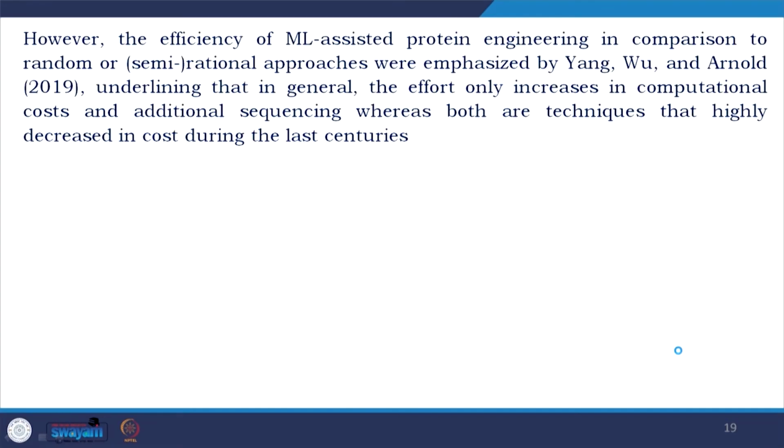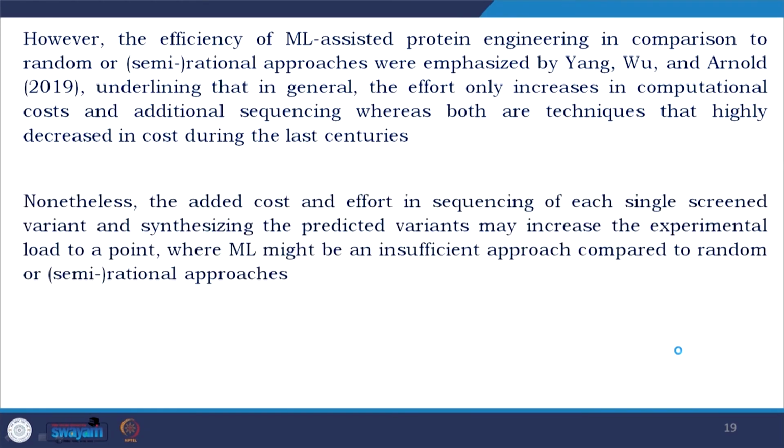However, the efficiency of ML assisted protein engineering in comparison to random or semi-rational approaches was emphasized by Yang, Yu and Arnold in 2019, underlining that in general the effort only increases in computational costs and additional sequencing, both of which are techniques that highly decreased in cost during the last decades.